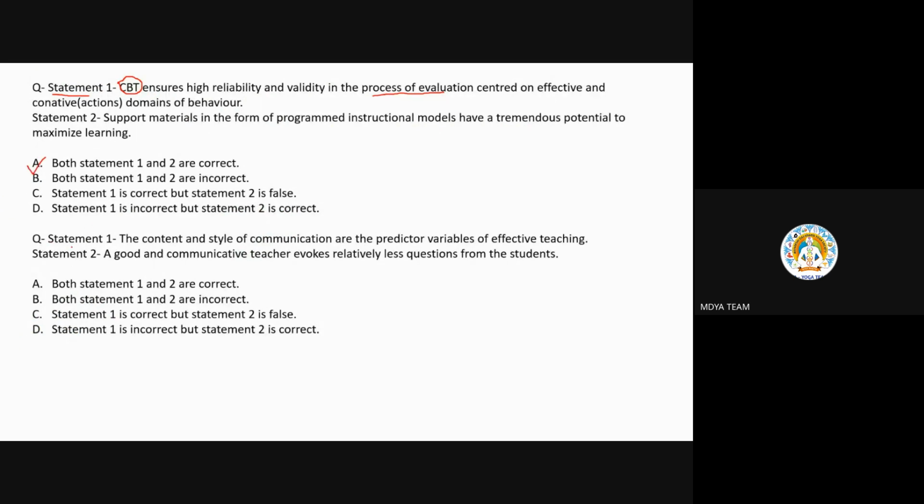Now the next question. The content and style of communication are the predictor variable of effective teaching. It means that the effective teaching depends upon the content and the style of communication of the teacher. And statement 2 is: a good and communicative teacher evokes relatively less questions from the students.